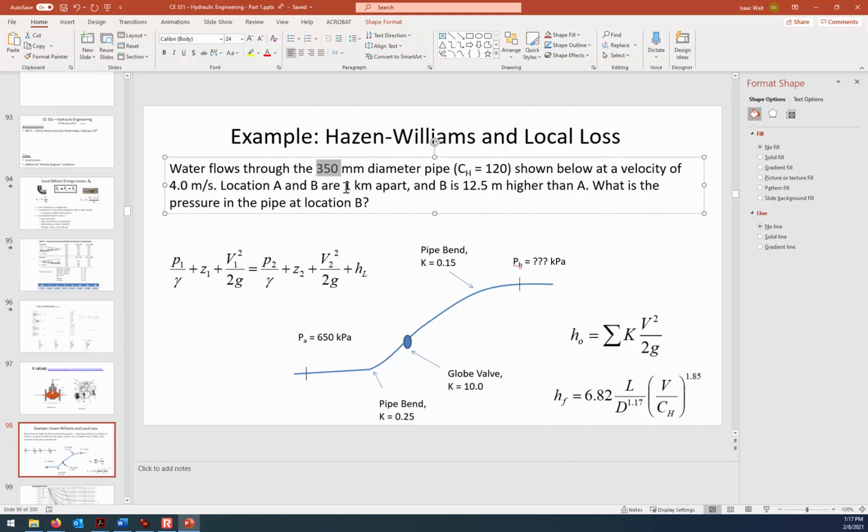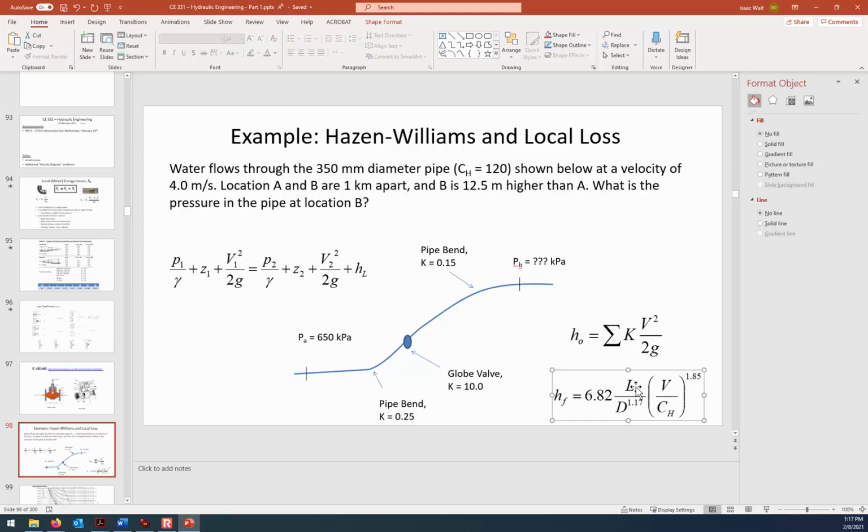The pipe is 1,000 meters from section A to section B, so you're going to use that 1,000 meters in the Hazen Williams equation. We want to know, accounting for both the elevation change and the head loss due to pipe friction and the head loss due to local losses, what is the pressure downstream at B?